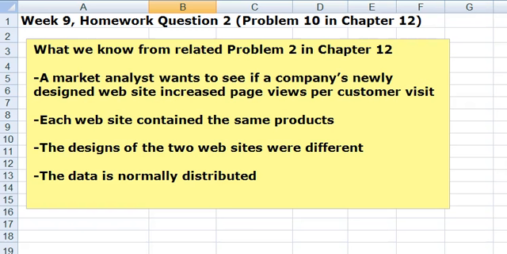And what we know from problem 2 in chapter 12 is that a market analyst wants to see if a company's newly designed website increased page views per customer visit. Each website contained the same products, but the designs of the two websites were different. We also know that the data is normally distributed.